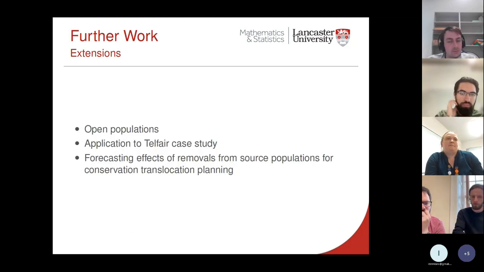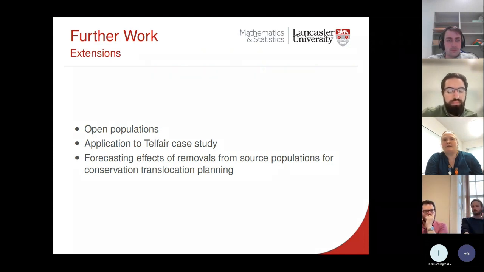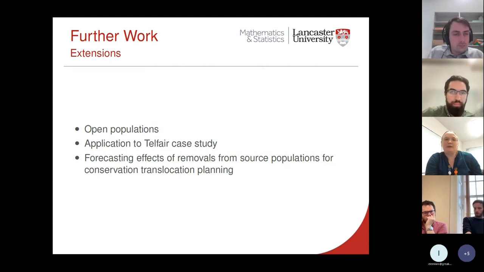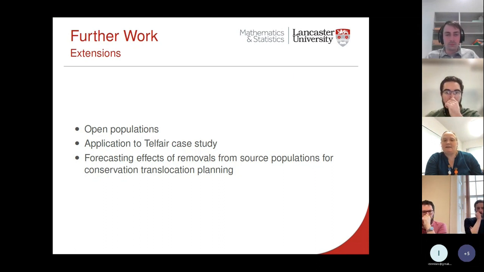Okay, so there's lots of ongoing work. As I said, this is very much work in progress. We've developed the equivalent joint models for open populations. So the ones I presented on the slide are for closed populations, where you have no new arrivals, no departures. We're going to be looking at applying this methodology to the Telfair case study, to account for those removals that happened partway through the study.